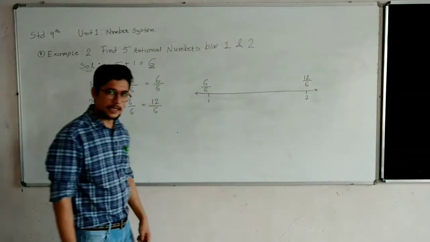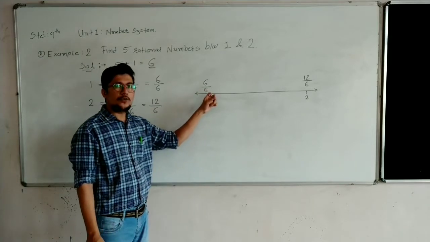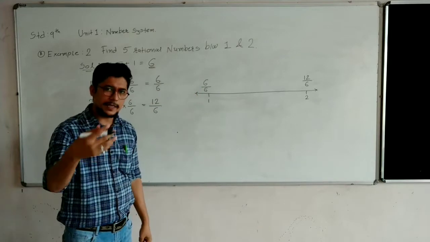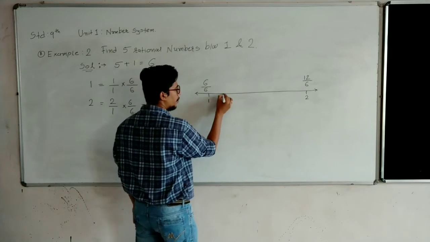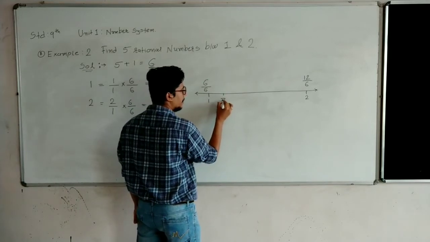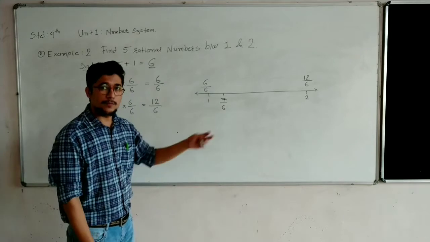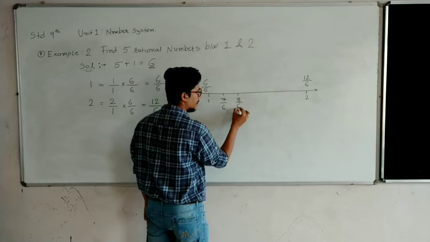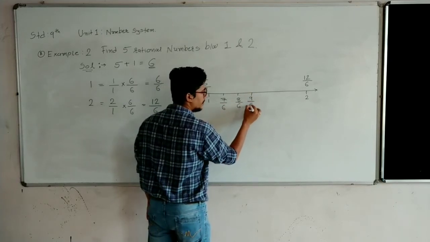So now what you need to do is add 1 to the numerator every time. Suppose here 6 upon 6 is there. Take one more point, that will be 7 upon 6. Take one more, that will be 8 upon 6. Take one more, that is 9 upon 6.